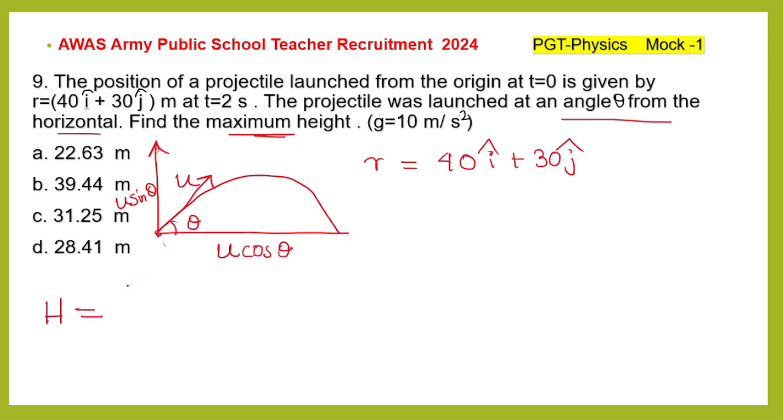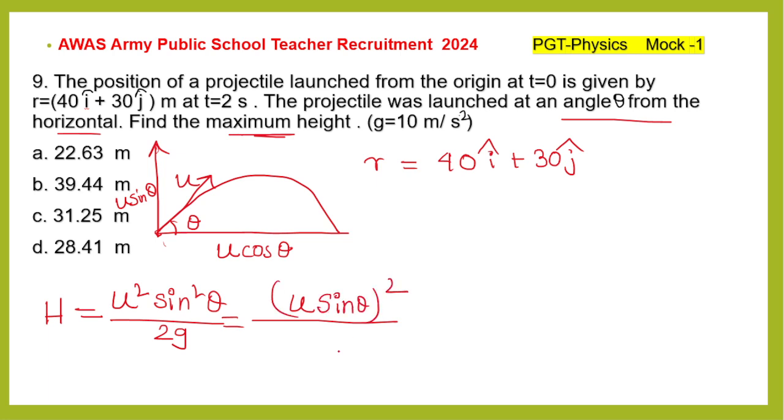The maximum height, that is h. How do we find it? The formula is u square sin square theta by 2g, right? We can write here (u sin theta) whole square by 2g, or we can write here uy whole square by 2g.